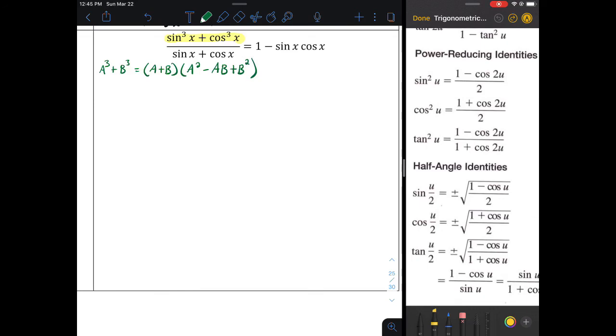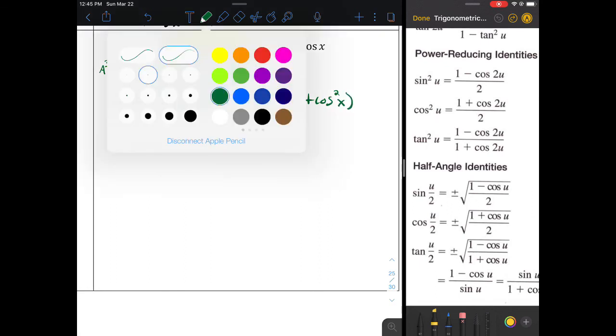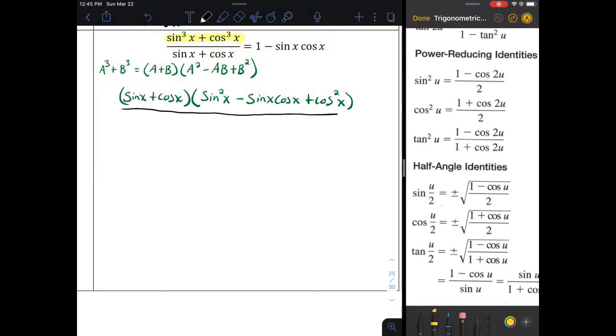So I'm actually going to factor this in terms of the sine cubed and cosine cubed, and that's going to make sine x plus cosine x times sine squared x minus sine x cosine x plus cosine squared x, all over my denominator.